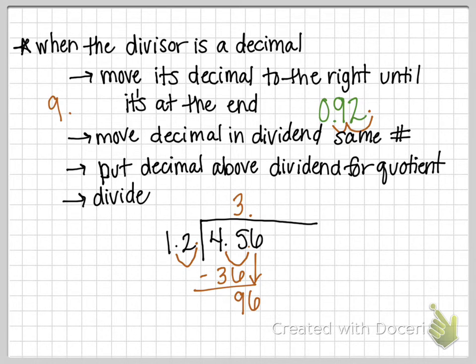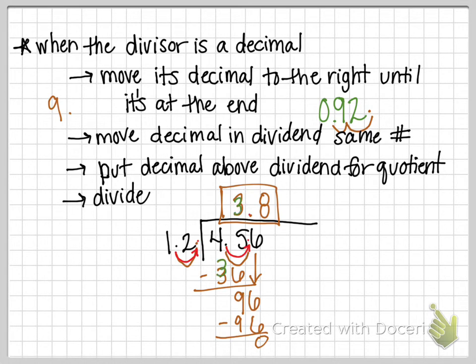The 3 went above the 5 because 12 goes into 45. And then we have our decimal point. 12 goes into 96. 8 times, and this should be even. 2 times 8 is 16. 96. Am I done? Yes, because I have a 0 at the end and nothing else to bring down. So my answer is 3.8. Okay?